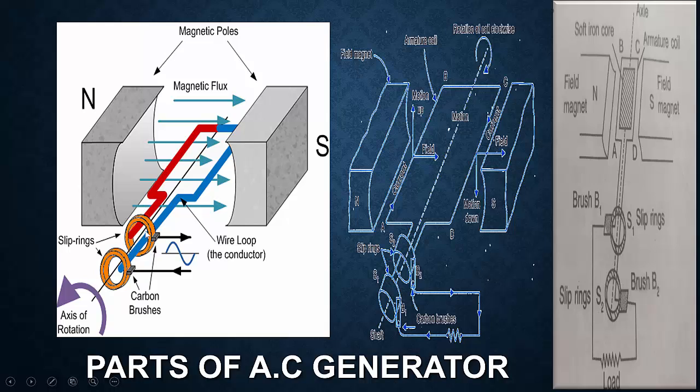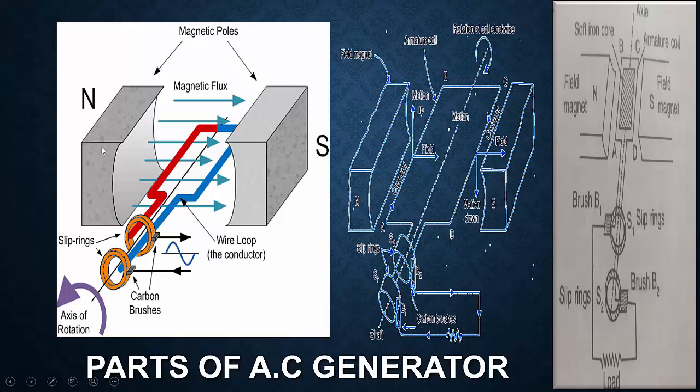And it contains an armature coil. Here it is shown half in red and half in blue, and the total one is in black color. This armature coil is insulated wire, wound around a soft iron core.